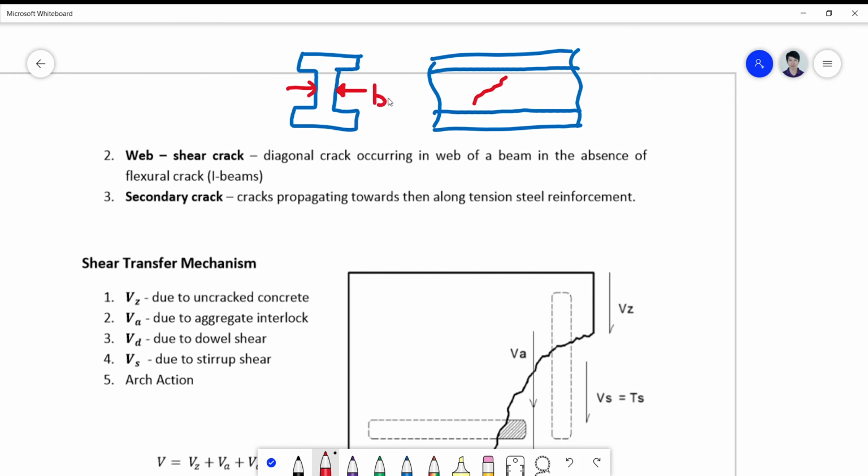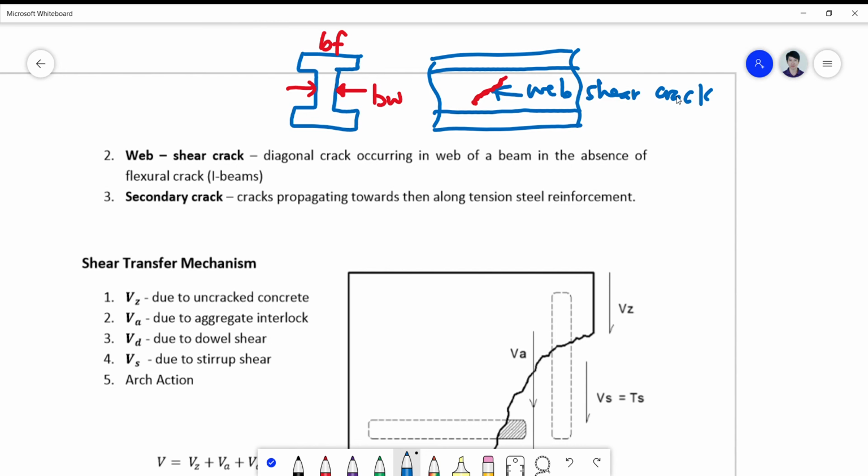So this is bw less than bf, so your crack will be initiated at this point, and you call this crack your web shear crack.